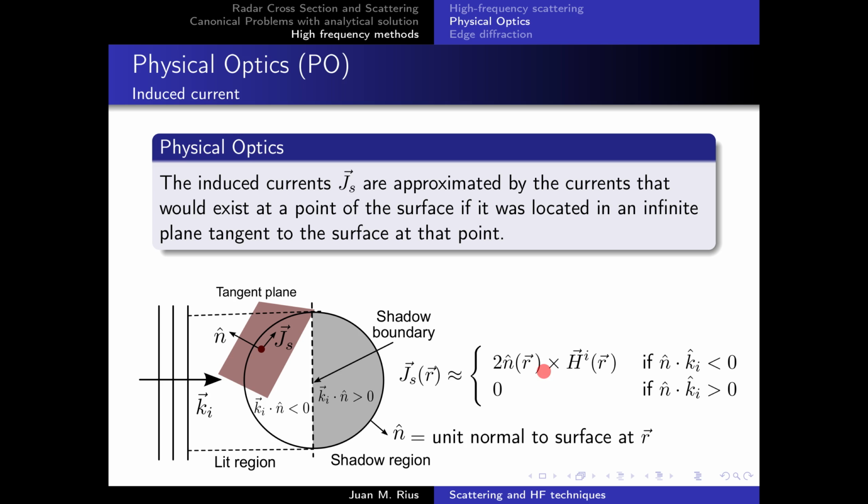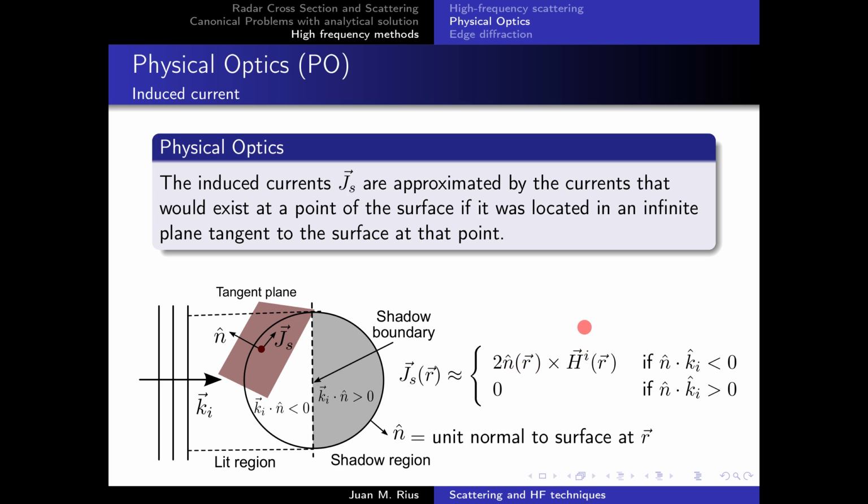The current at an infinite plane due to an incident field can be computed easily using image theory, and the result is this. The induced current at an infinite plane is twice the tangent component of the incident magnetic field, and we compute the tangent component as the normal to the surface cross product with the incident field.